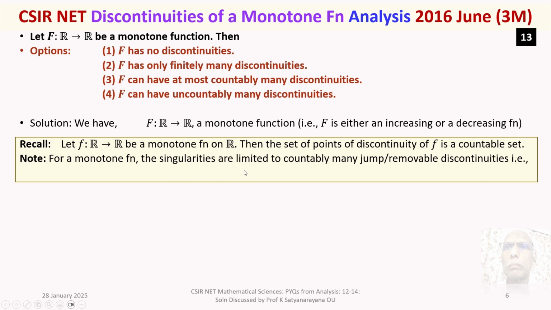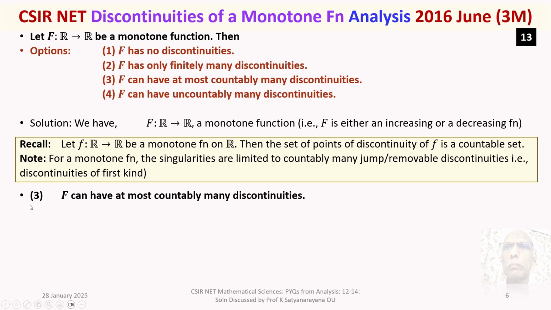Now the discontinuities are limited to countably many, and what type of discontinuities are these? Jump or removable discontinuities. And these jump and removable discontinuities are called discontinuities of the first kind. Right. Now, let's answer the question.